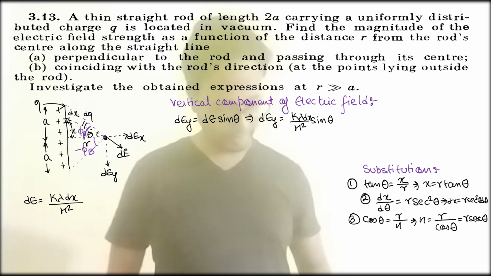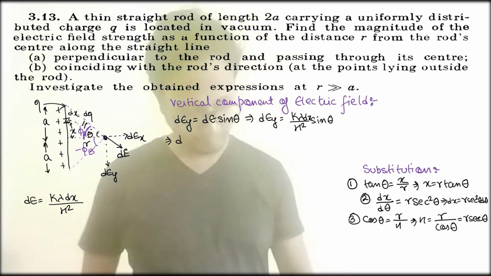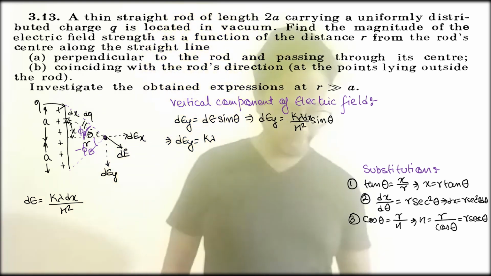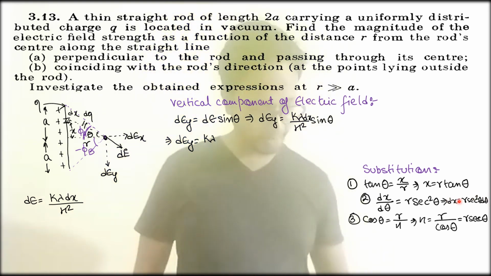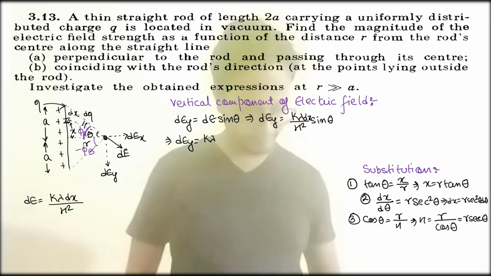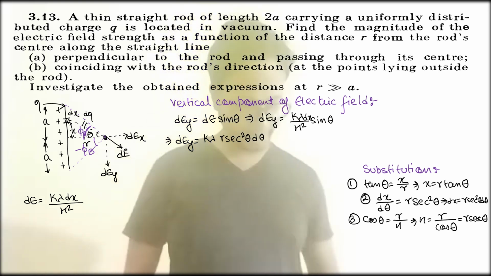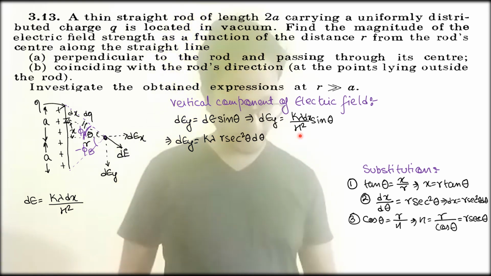So dEy is equal to k lambda. What is the value of dx? The value of dx is nothing but r sec square theta d theta. So r sec square theta into d theta. What is the value of h?